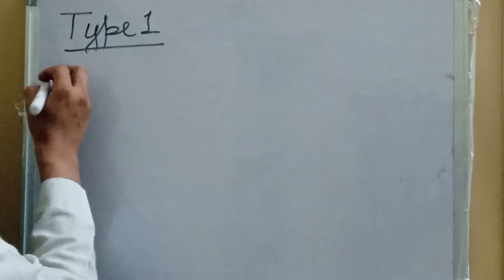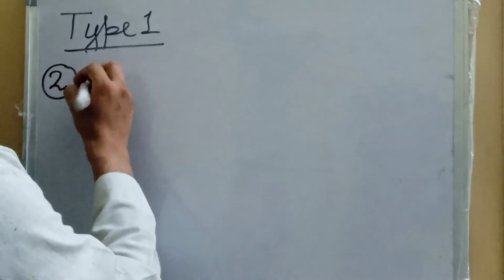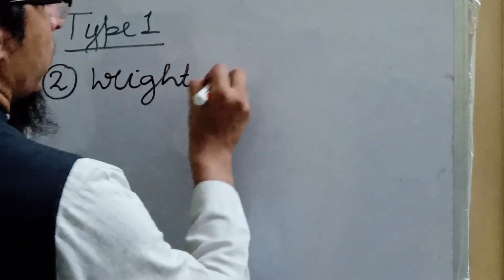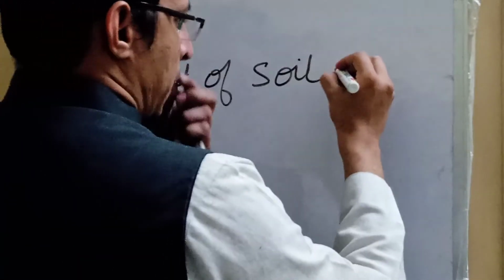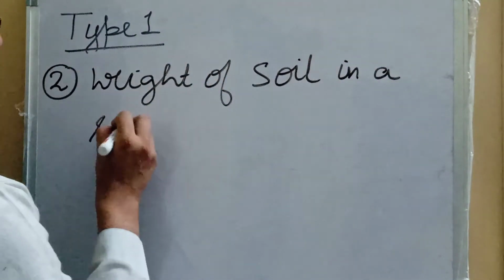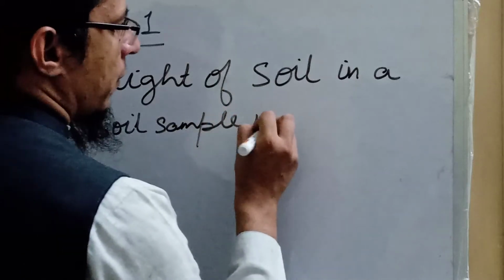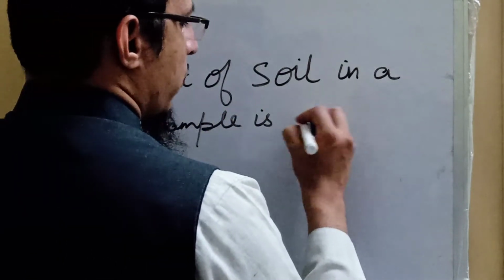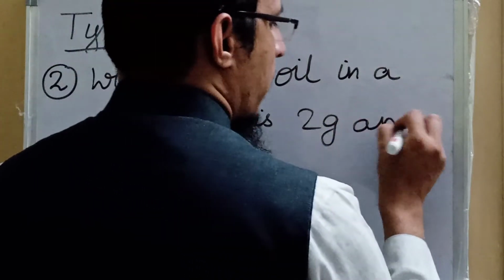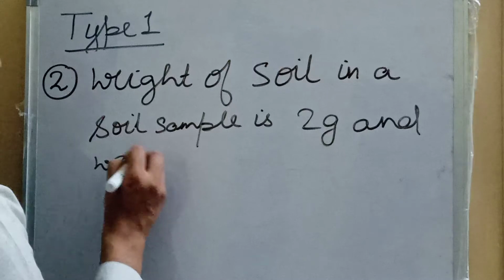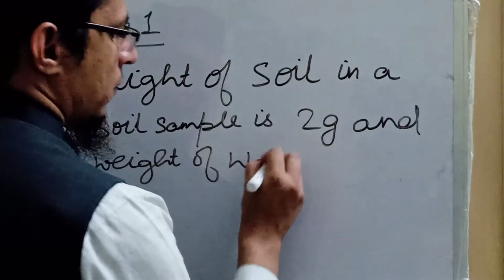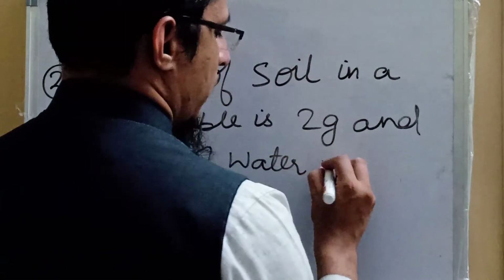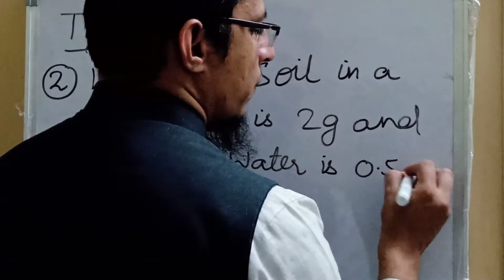In this second numerical, suppose we are given the weight of soil in a soil sample is 2 grams, and the weight of water is 0.5 grams.